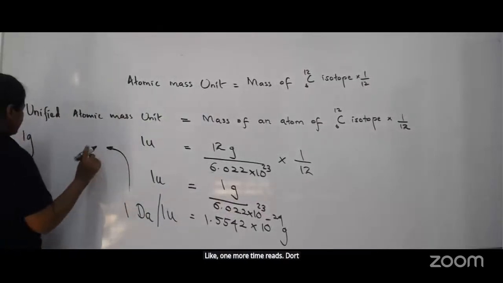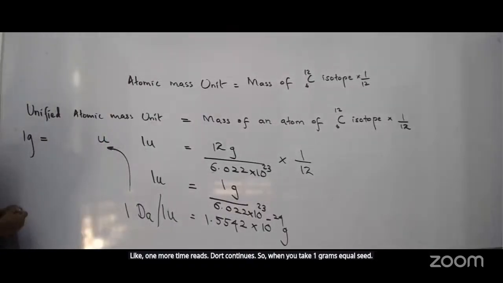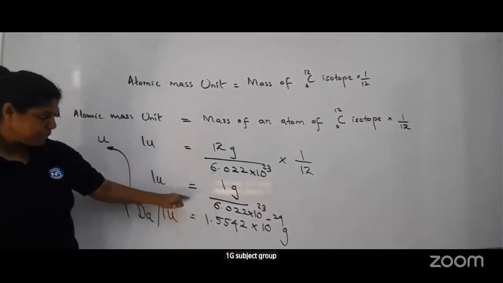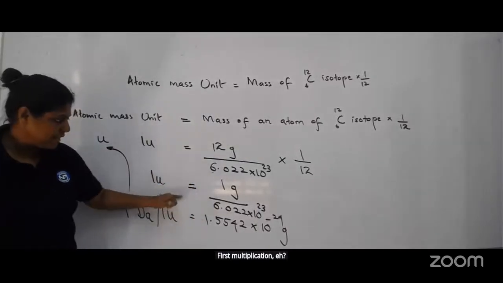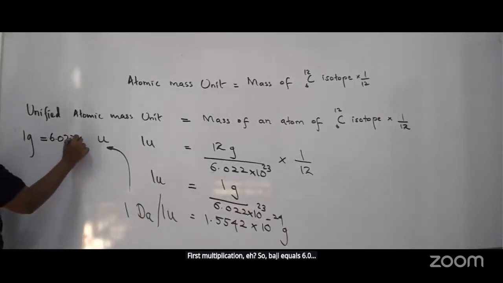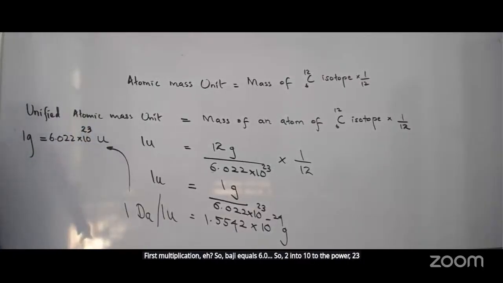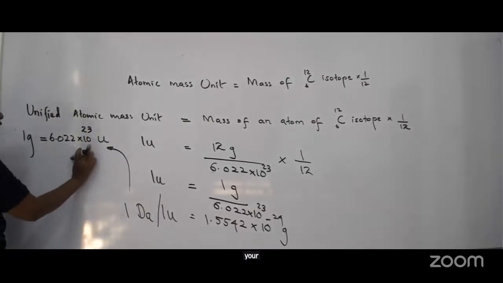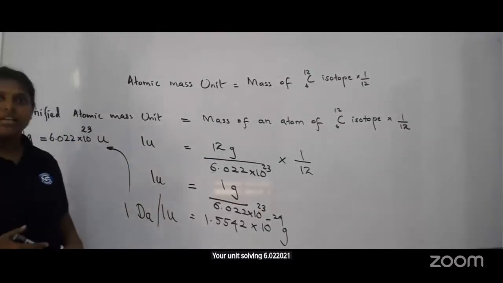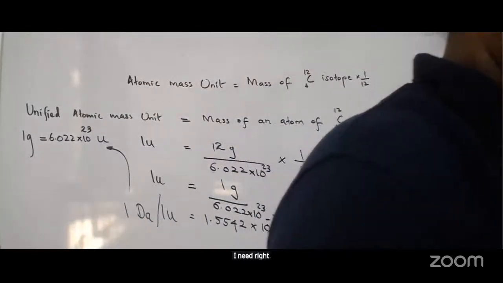When you take 1 gram in U units, 1 gram equals 6.022 into 10 to the power 23 U.